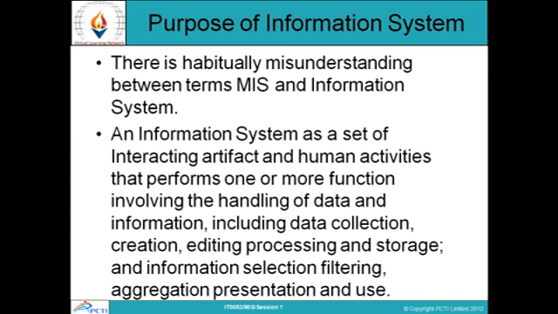An information system is basically a set of interacting artifacts and human activities that performs one or more functions involving the handling of data and information, including data collection, data creation, editing, processing, storage and information selection, filtering, aggregation, presentation and finally usage.